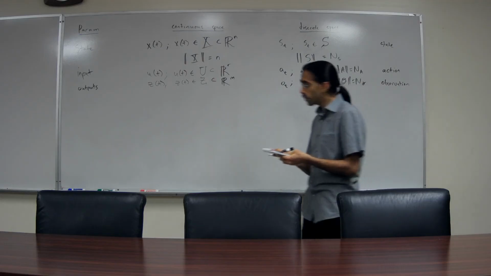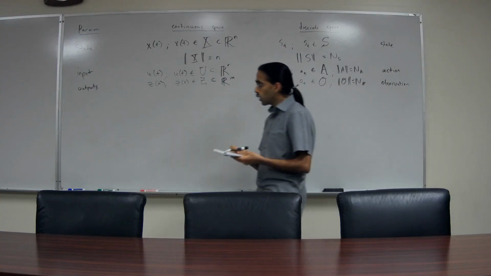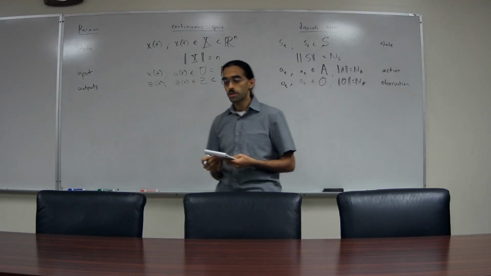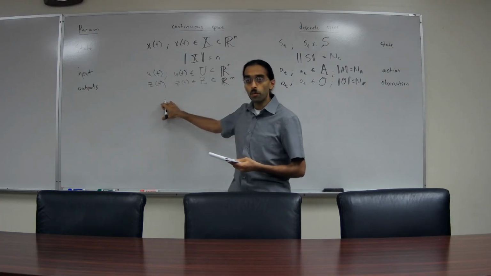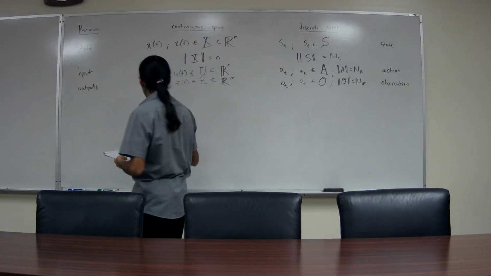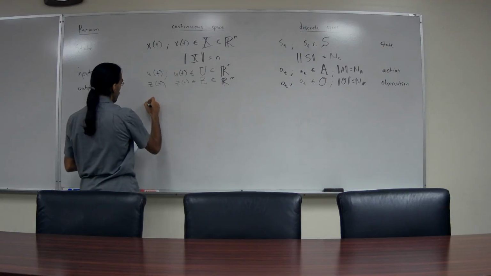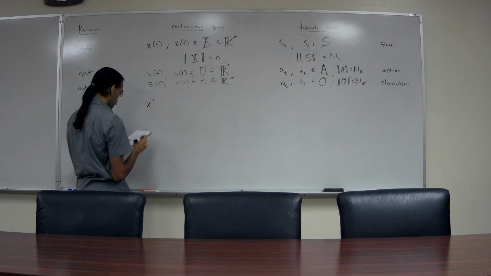Once we have our input, our output, and our state defined, we can go ahead and start defining our equations. So remember, we had two equations that defined our system. You should be able to write these down by memory. We have our first equation, which says what happens to x.